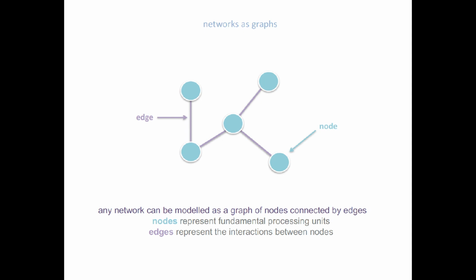By doing this, we can represent any system of interacting elements as a network, whether it's neurons and synapses or large-scale brain regions and white matter bundles. So this gives us a common language to begin to piece together all these disparate areas of neuroscience into a coherent whole.